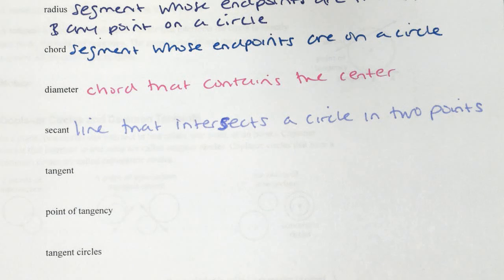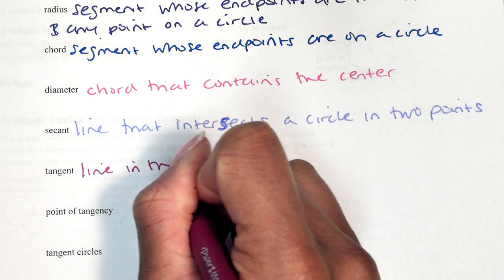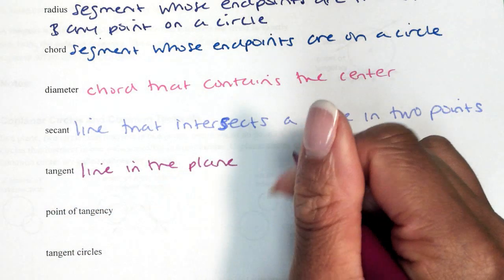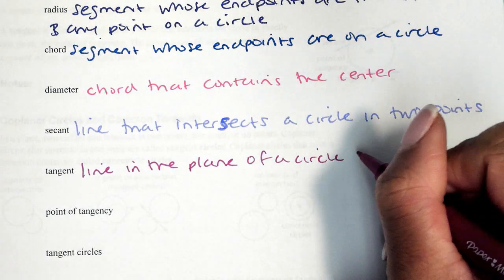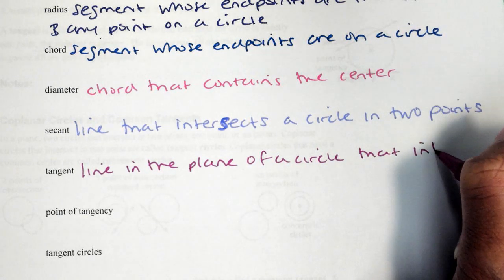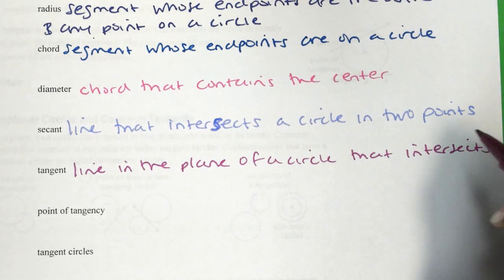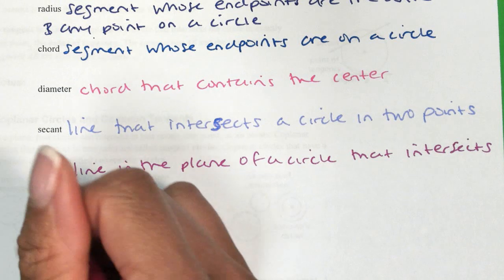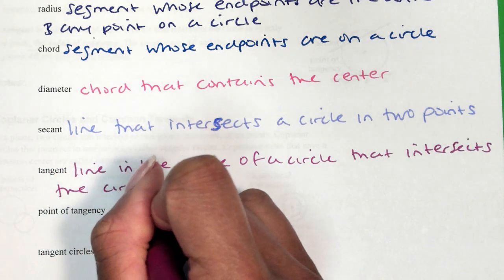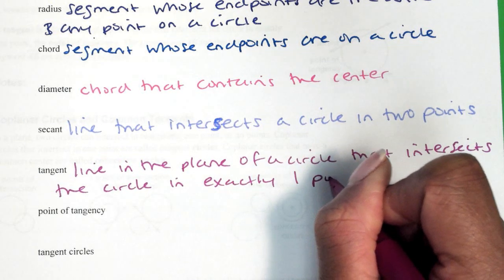A tangent is a line in the plane of a circle that intersects the circle in exactly one point.